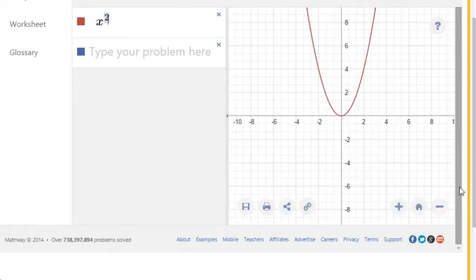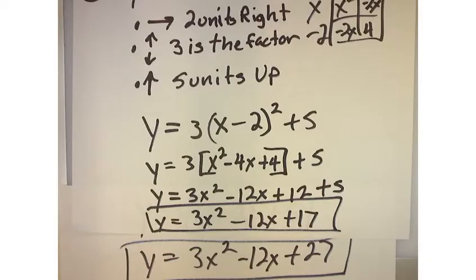So that's the original function. What the textbook wanted us to do was to shift it 2 units to the right, then stretch it vertically by a factor of 3, and then move it 5 units up.